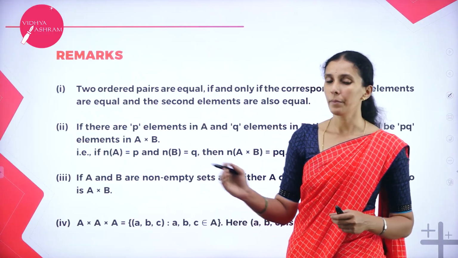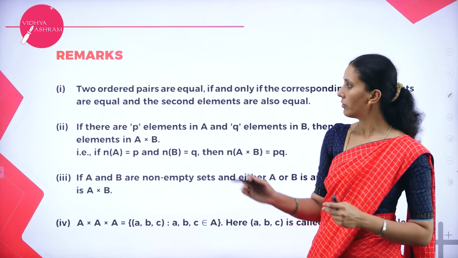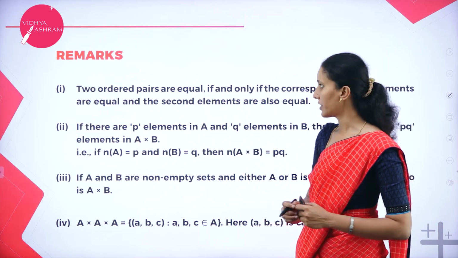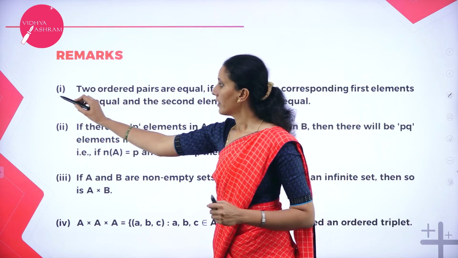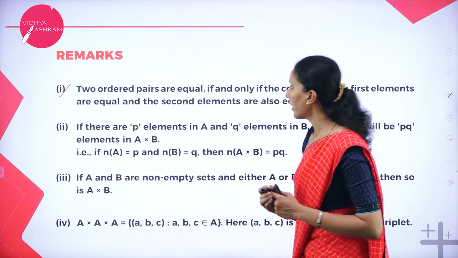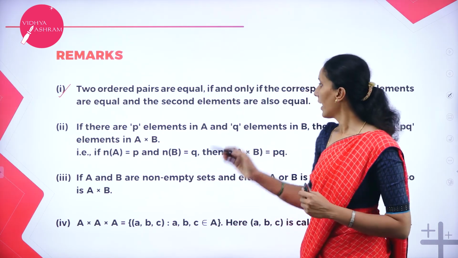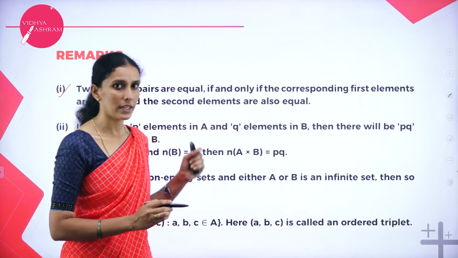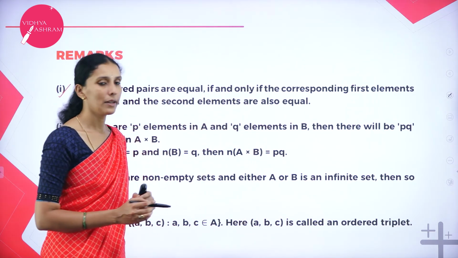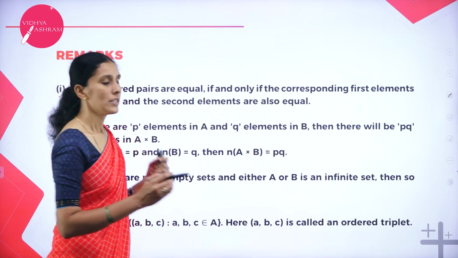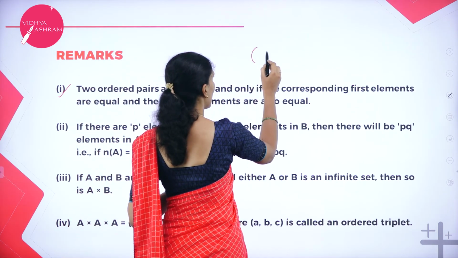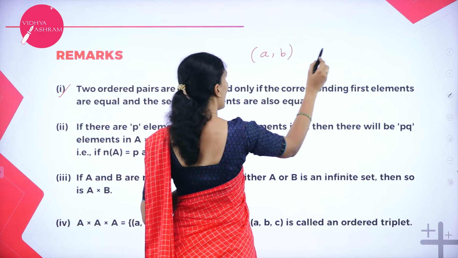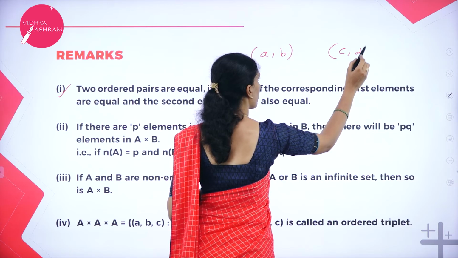Next, we have some important points to note down about the Cartesian product of sets. The first point goes: two ordered pairs are equal if and only if the first element is equal to the first element and the second element is equal to the second element. Suppose I write two ordered pairs like a comma b and c comma d.